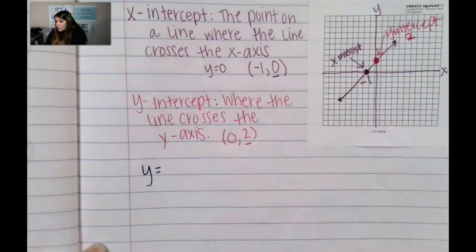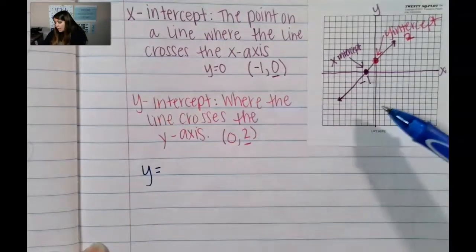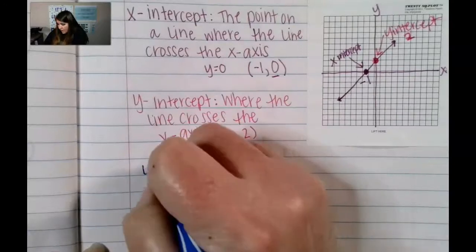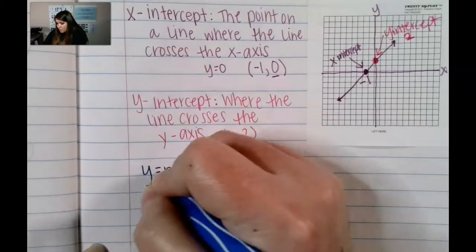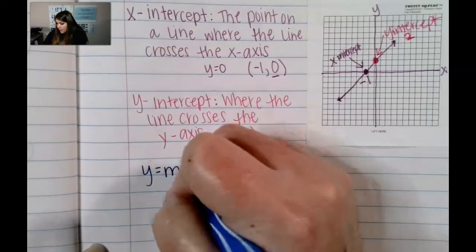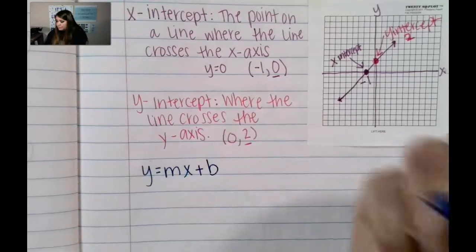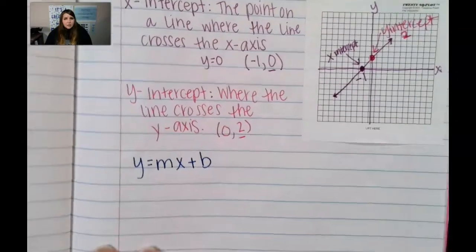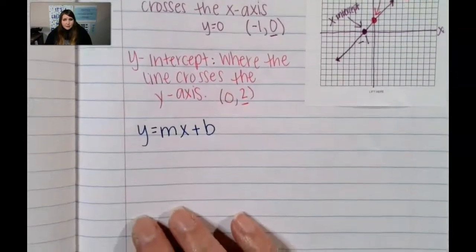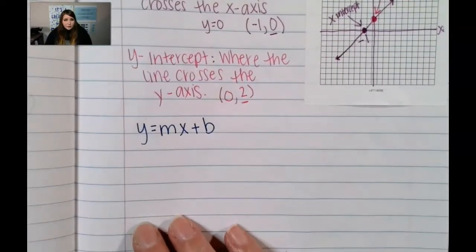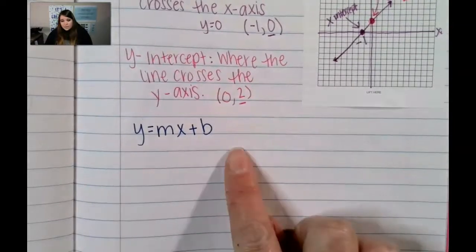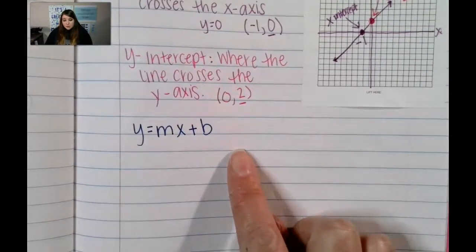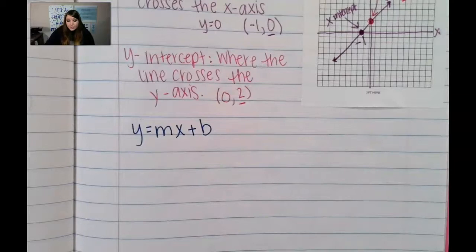So today we're going to be using this new vocabulary and applying it to our past equation of y equals mx plus b. And we are going to be identifying the slope and the y-intercept. So in this equation that we've been using, we know that the slope is the m.